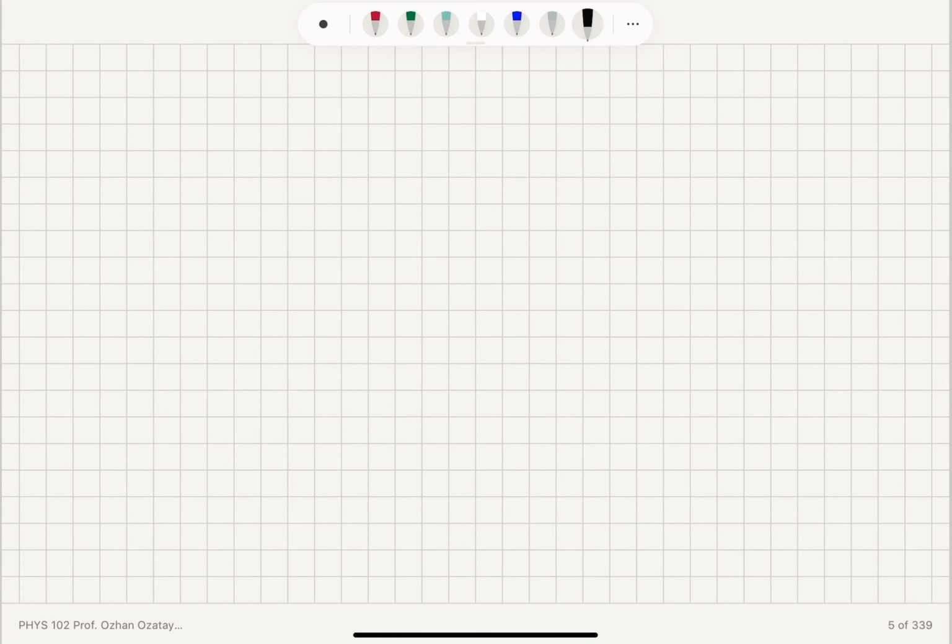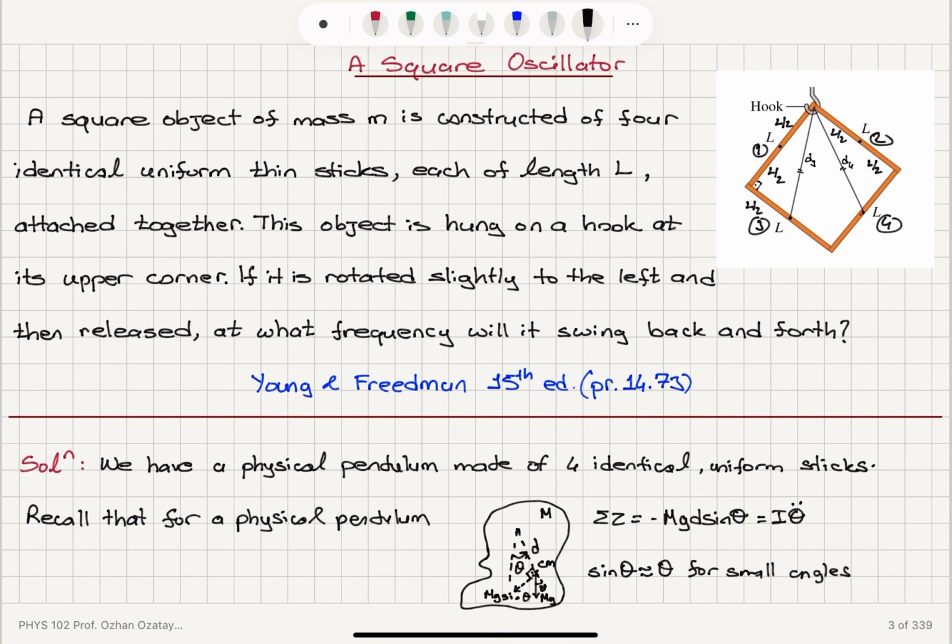So from this, I can calculate the moment of inertia for the third and fourth segments to be the I center of mass, which is m divided by 4 times L squared over 12, and then plus m d squared, where d is the distance between the two parallel rotation axes. It will be m over 4 times 5L squared over 4, that's D3 squared. D3 and D4 are the same here, the distance between the rotation axes.